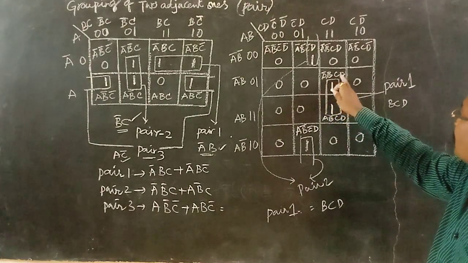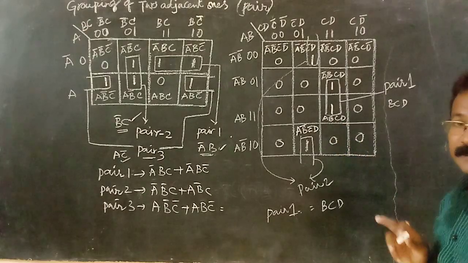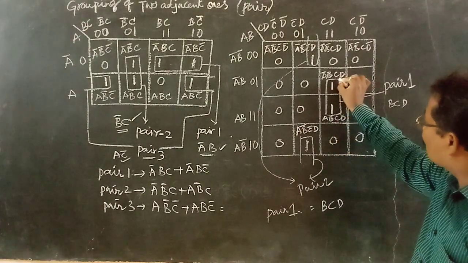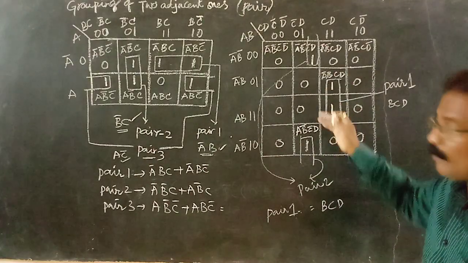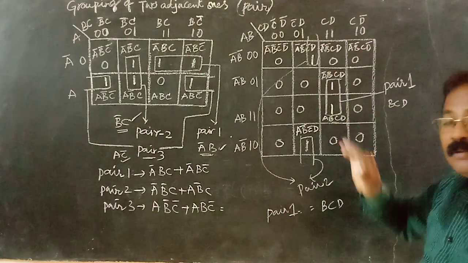We can directly write it as A bar B C D plus A B C D. So BCD are the common variables. The three variables are common and only one variable differs.